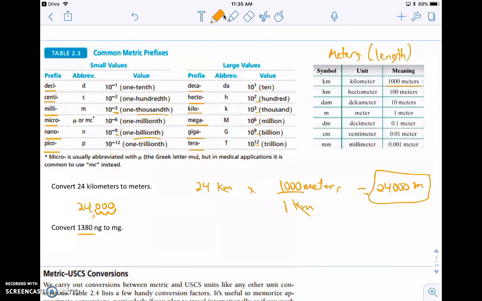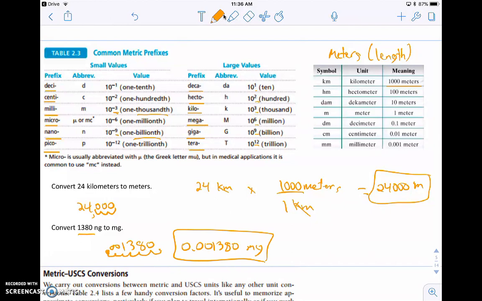So if we look at this in the simplified form, we take 1,380, and we're going to take this decimal and move it to the left 6 places, so we get 0.001380 milligrams. Okay, and hopefully that makes sense, because milligrams are bigger than nanograms, so we should be getting a smaller number when we go from nanograms to milligrams.